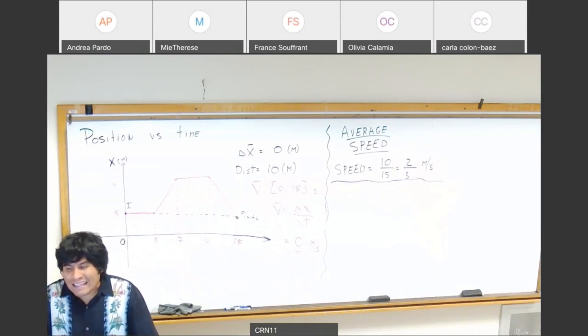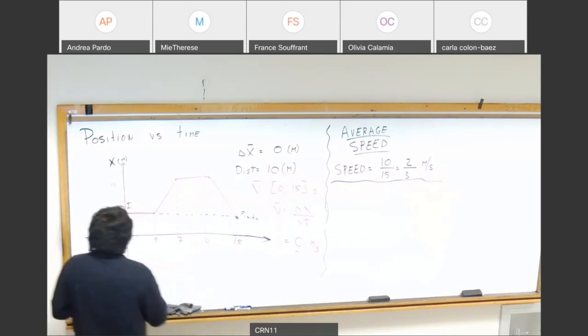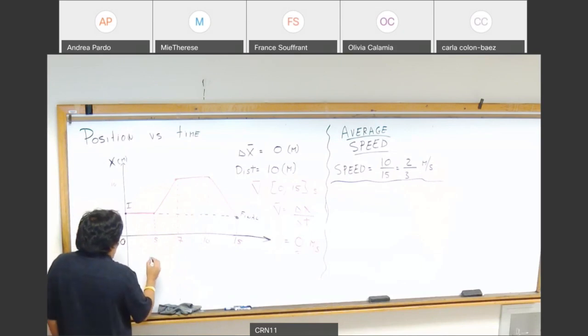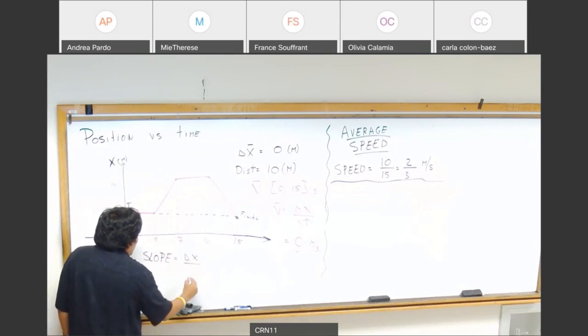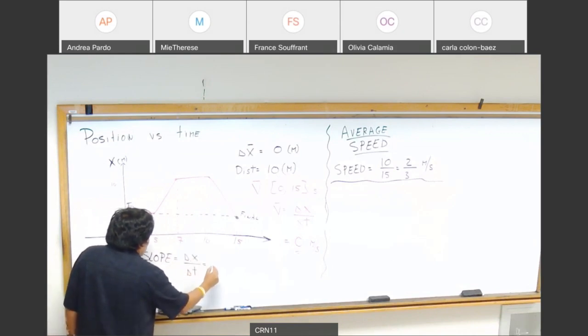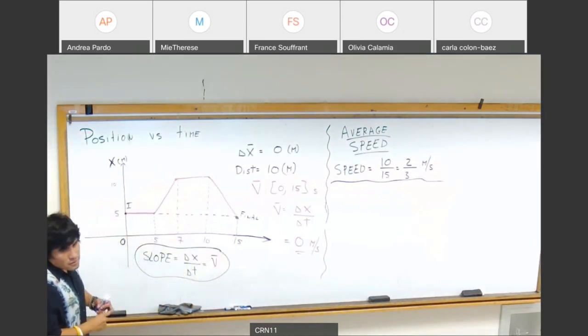But in mathematics, they tell you delta y over delta x, and that's it, right? In some textbooks, they put this as the first application, all right? Why? Because in this case, the slope is your delta x over delta t, which is what? The velocity. So you need to know. All right?